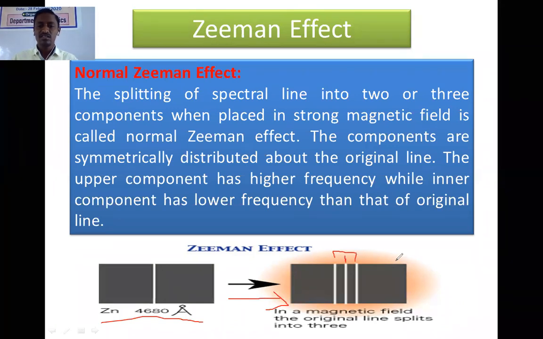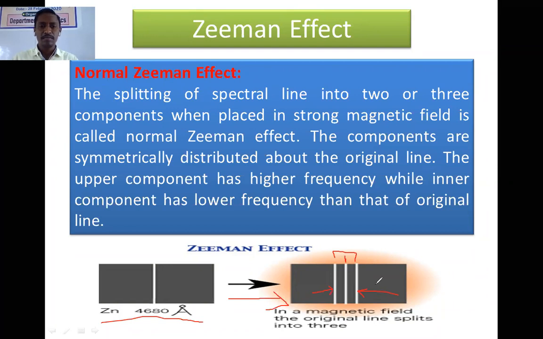One has the frequency same as that of the original line, and the upper component has the frequency more than, or wavelength more than, that of the original line, and the lower component has frequency or energy less than that of the original line.